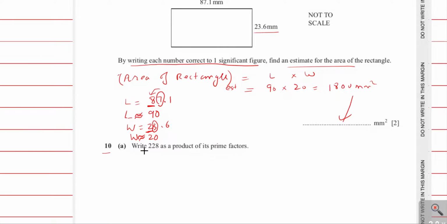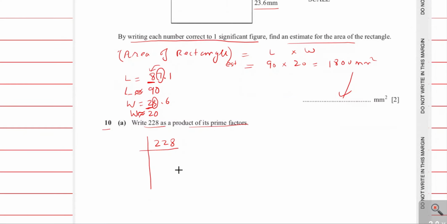Question 10 part A, write 228 as a product of prime factors. Look here, we have to write 228 as a product of prime factors. For this, we will divide the number by prime numbers. 2 times 1 is 2, 2 times 1 is 2, 2 times 4 is 8. Next, we will divide 114. 2 times 5 is 10, and 1 will be carried, and this becomes 14, 2 times 7 is 14.